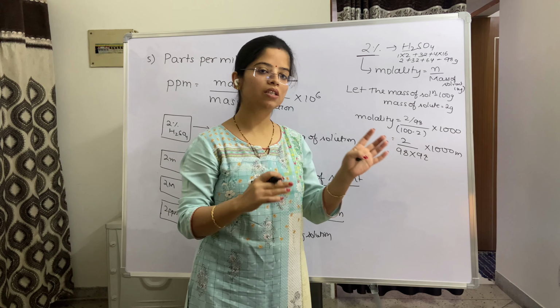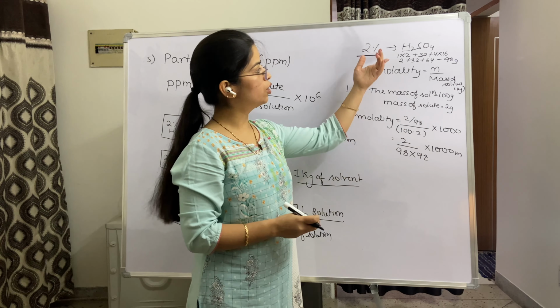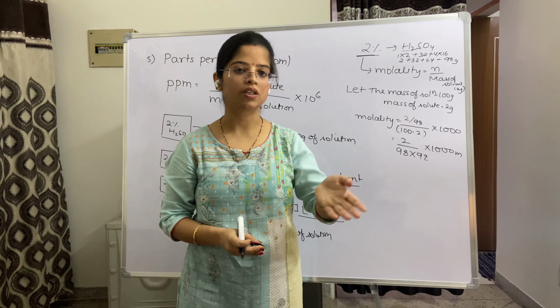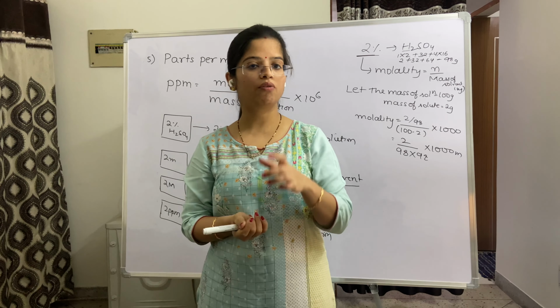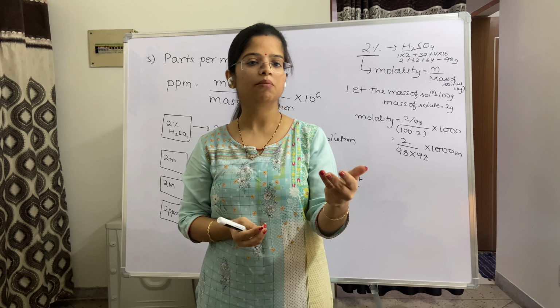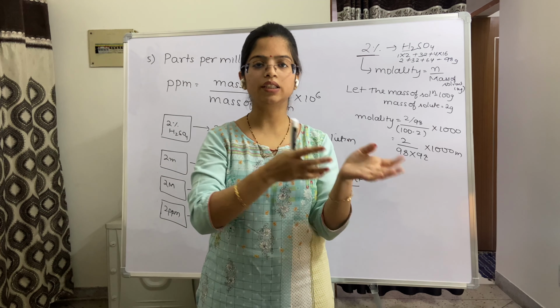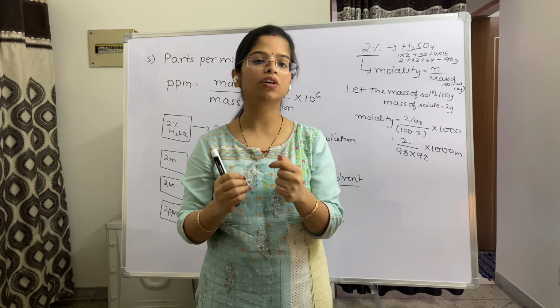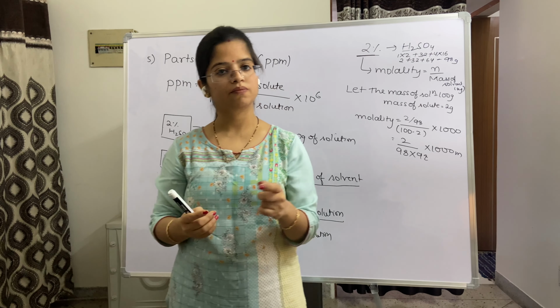So I expressed the same solution in terms of molality, and in the question it was given in terms of percentage. So this type of question will be coming. They will give you one method of expression, percentage or molarity, and they will ask you how to convert this to molality, and how to convert molarity to ppm or mass percent.